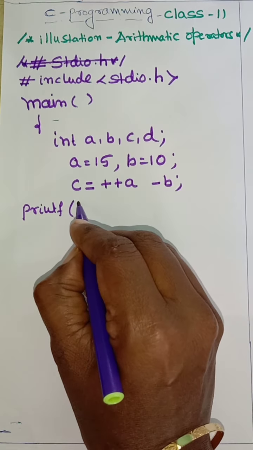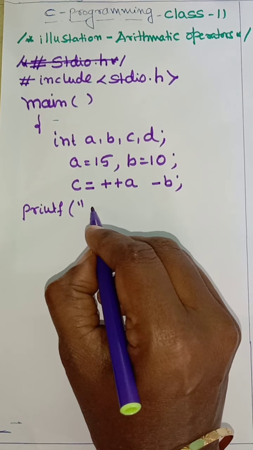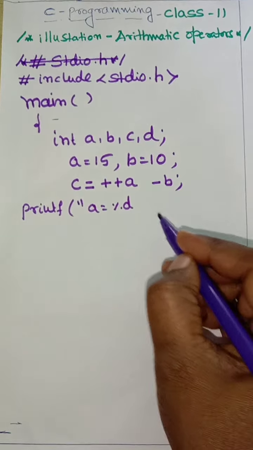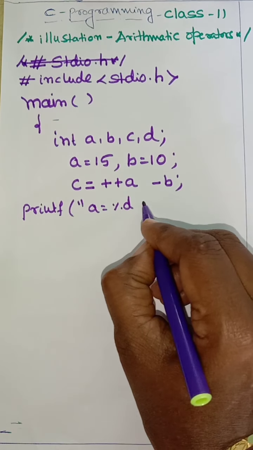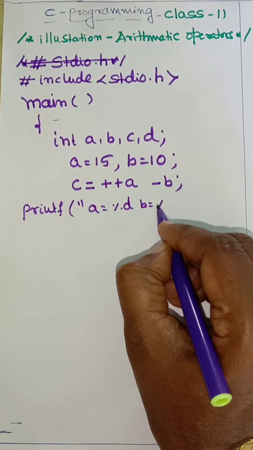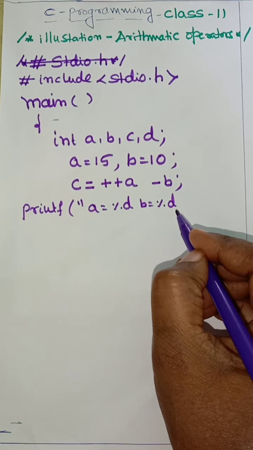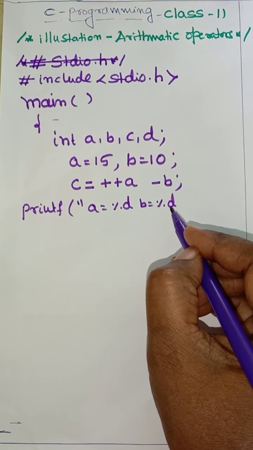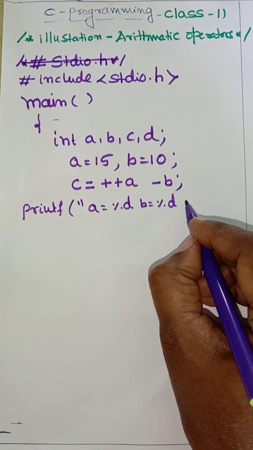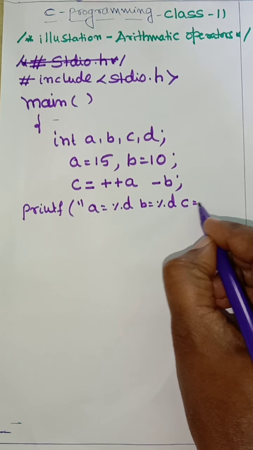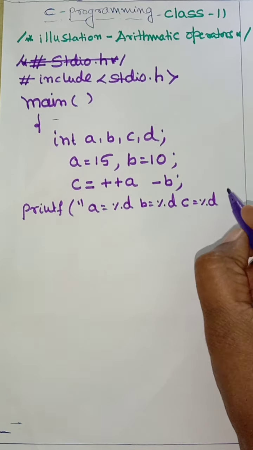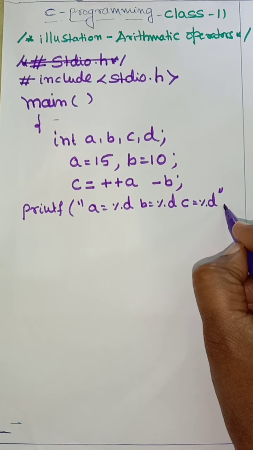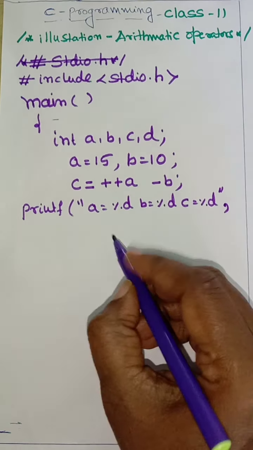So first let us print the values. How are you going to print? a is equal to percentage d. Next, b is equal to percentage d. Next, c is equal to percentage d. Okay. Afterwards you are going to write the comma.